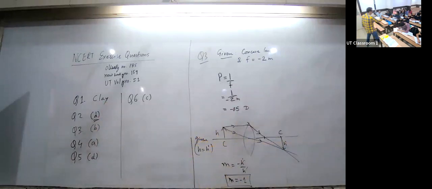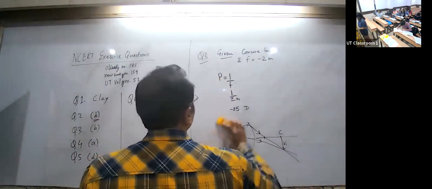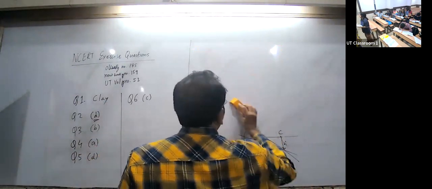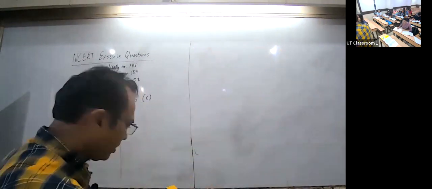You drew the diagram? Show me. हाँ, ठीक है. Draw it. So what's your name? Dhanishtha. Okay, Dhanishtha, draw it.